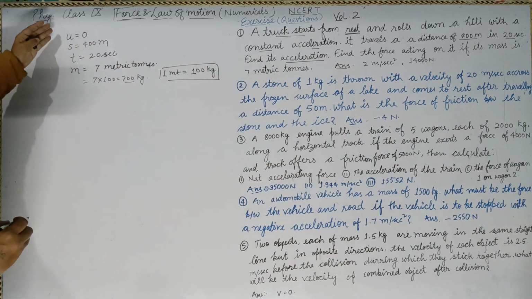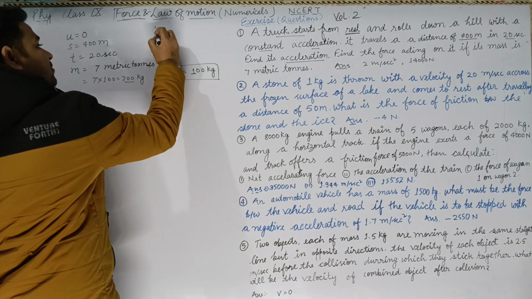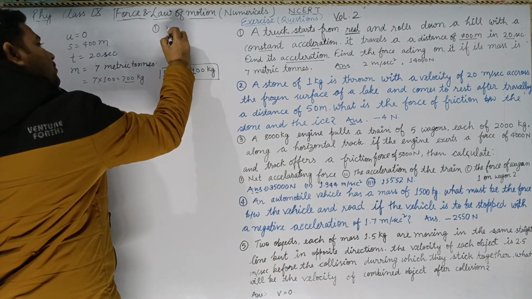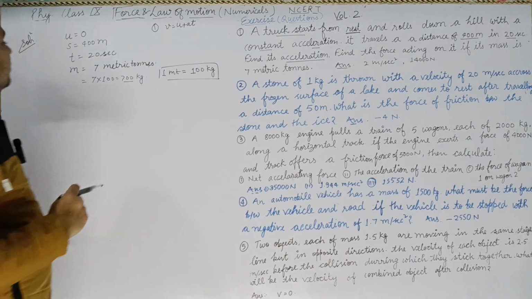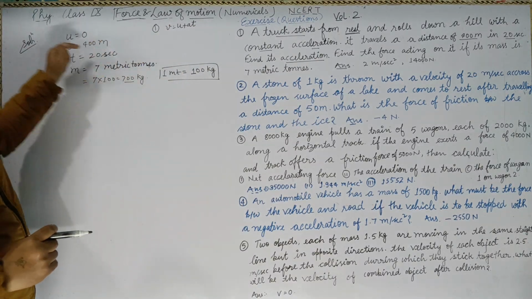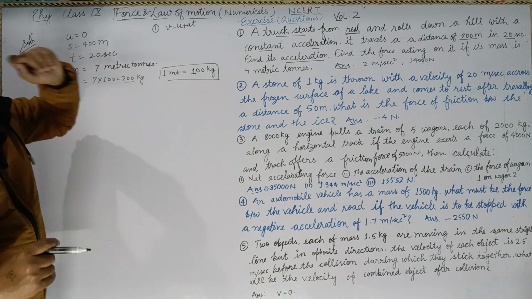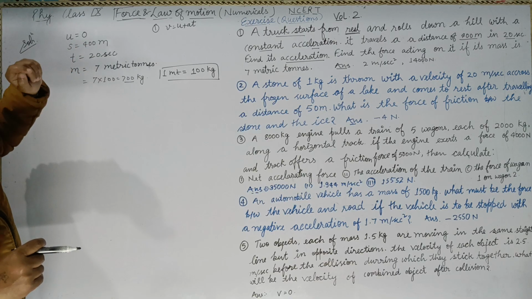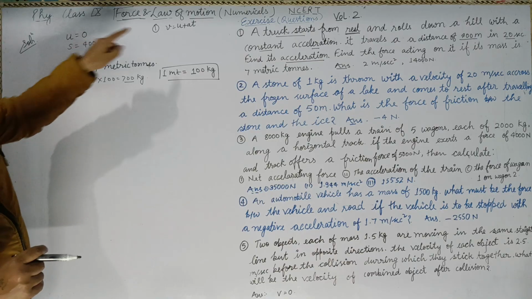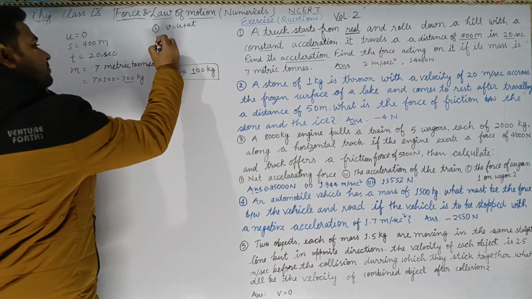We see here the first equation of motion, v equal to u plus at. Because v is not given here, we cannot use this equation.